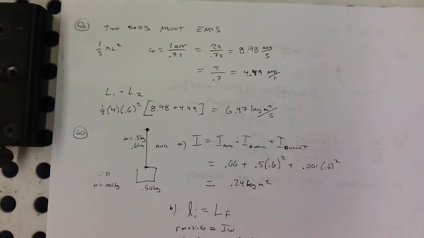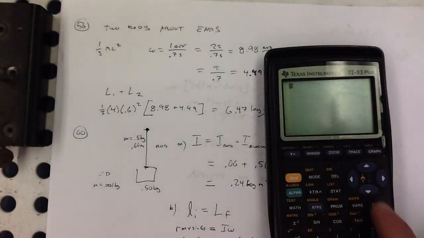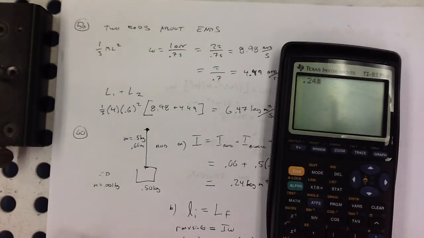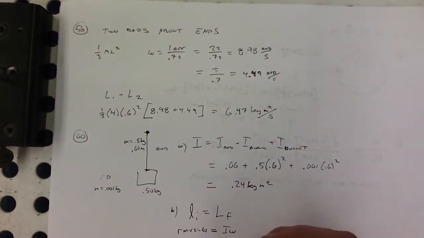So, solving for v, 0.24 times 4.5 divided by 0.6 and also divided by 0.001. 1,800 meters per second. That's fast, but it is a bullet after all.